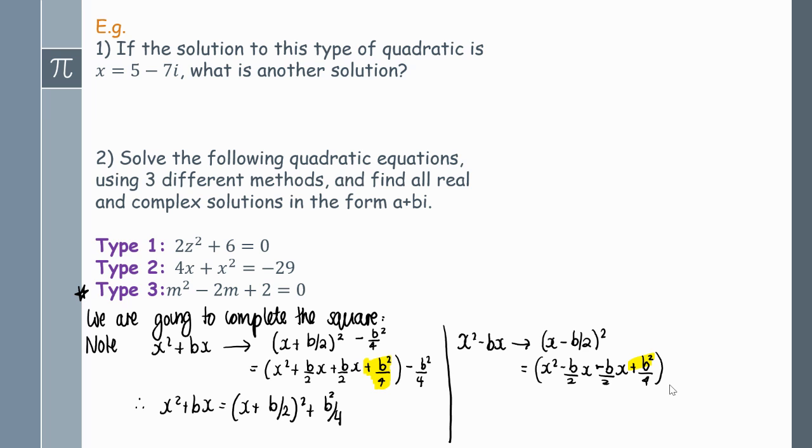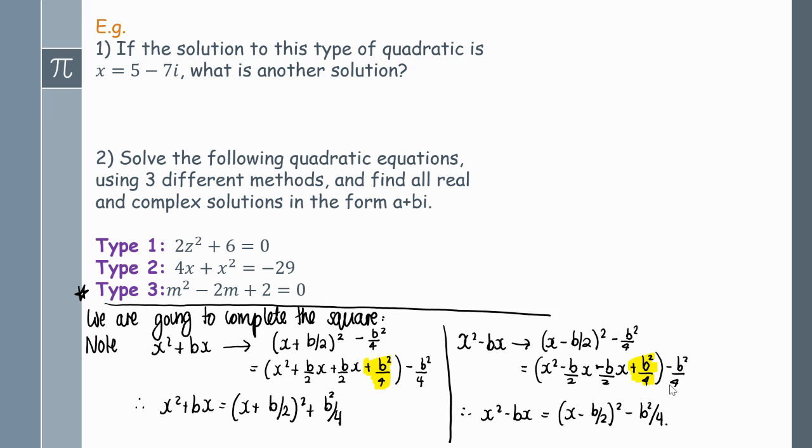That b squared over 4 is positive, so to undo it or remove it, we just minus it. That way again, we can say that x squared minus bx is really the same thing as x minus b over 2 all squared, minus b squared on 4. This can come in handy when solving these types of equations. It's also handy for graphing quadratics and other things like that.